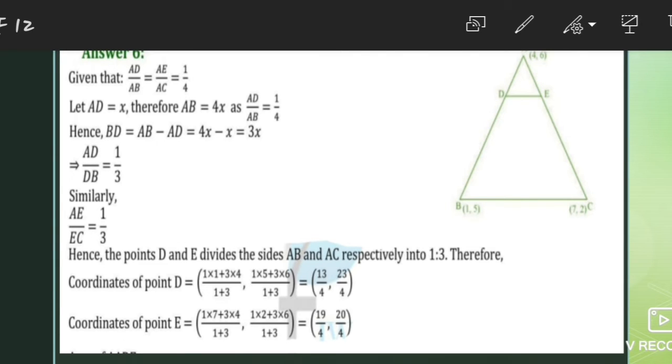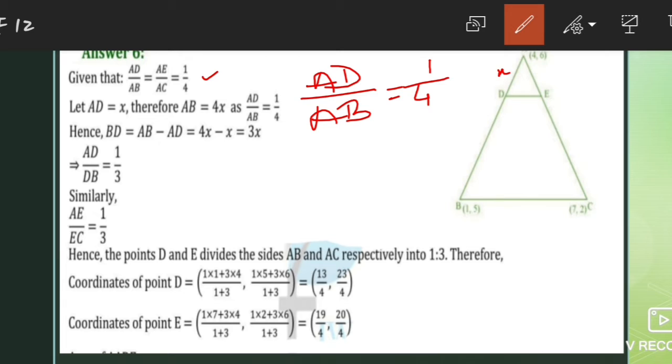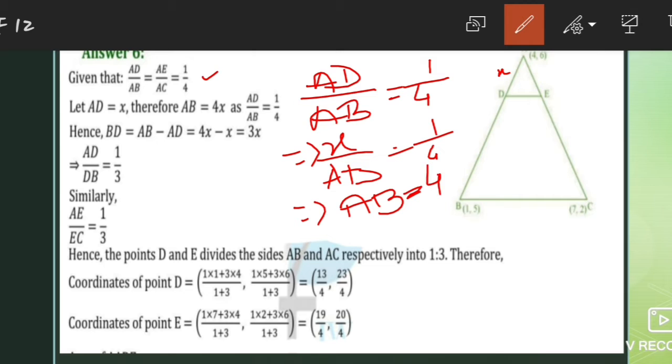Okay, look here. AD by AB is equal to AE by AC is equal to 1 by 4, given. So I am considering this AD part as x. Since AD by AB is equal to 1 by 4, that means x by AB is equal to 1 by 4, or by cross multiplication AB is equal to 4x.